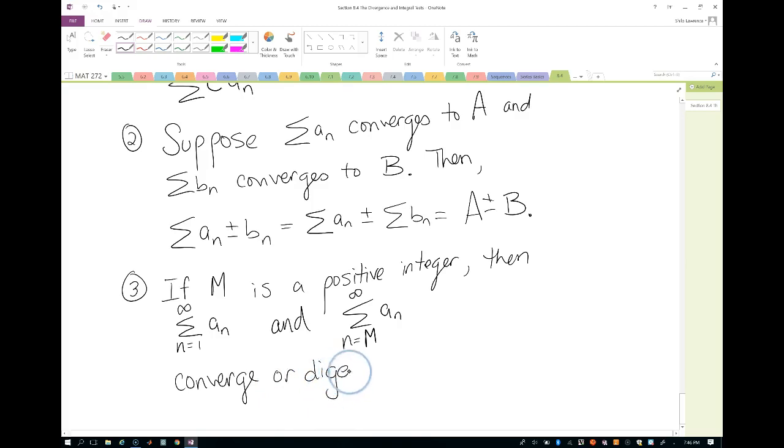They will always do the same thing. And I used this in one of our last examples where I said the starting value of your n makes no difference whatsoever on determining whether this series will converge or diverge.